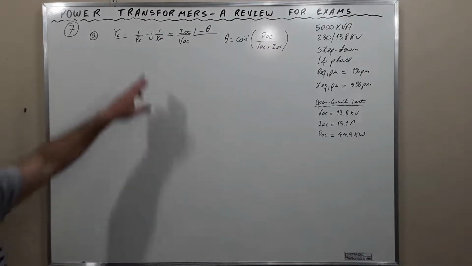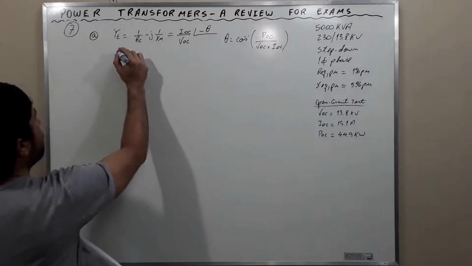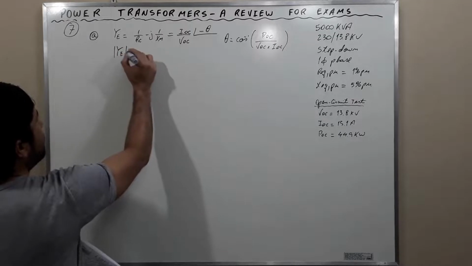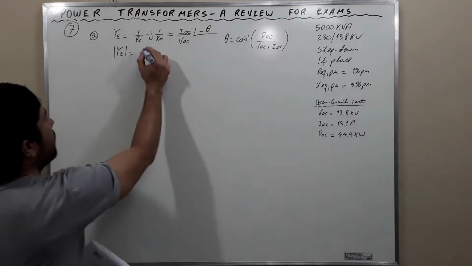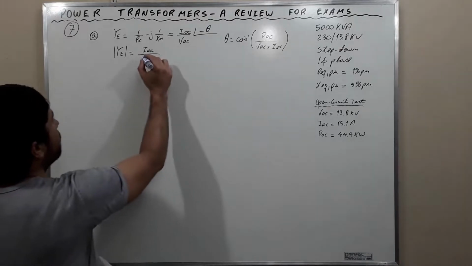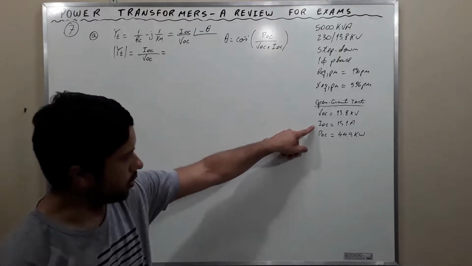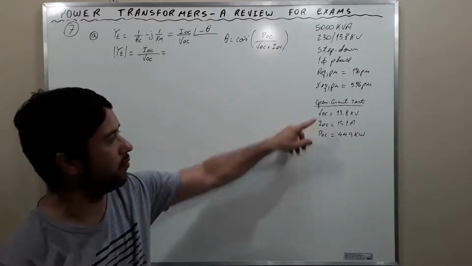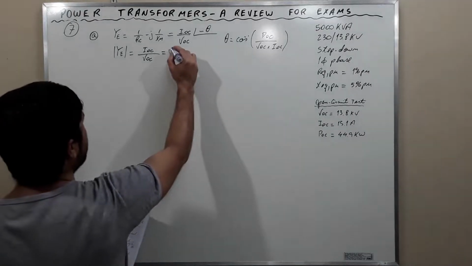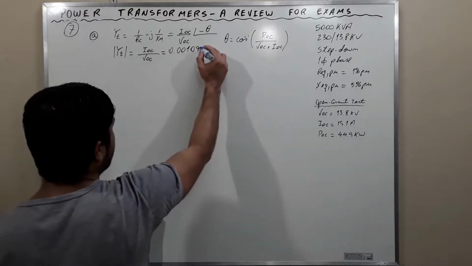So the components of the magnetization branch: the magnitude of the excitation admittance is the open circuit current divided by the open circuit voltage, which is equal to this value here, 15.1 amps divided by 13.8 kV, and this gives a value of 0.0010942.